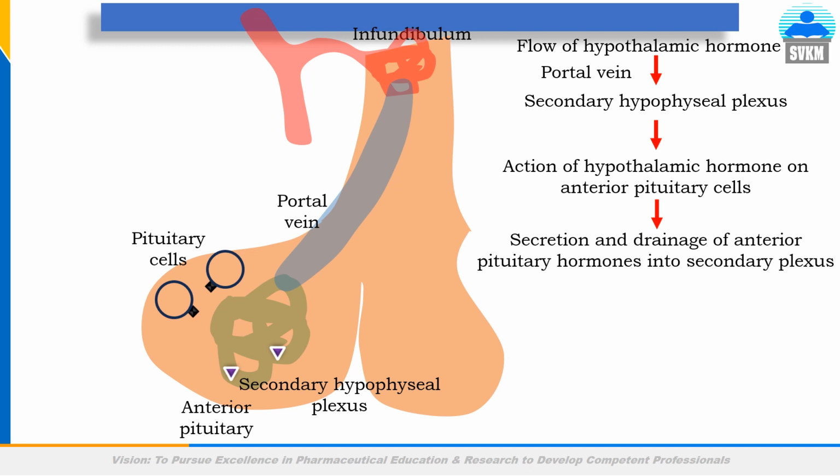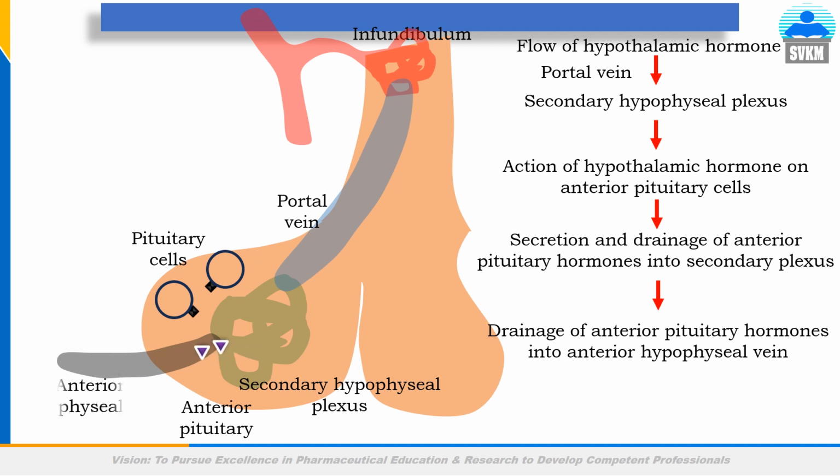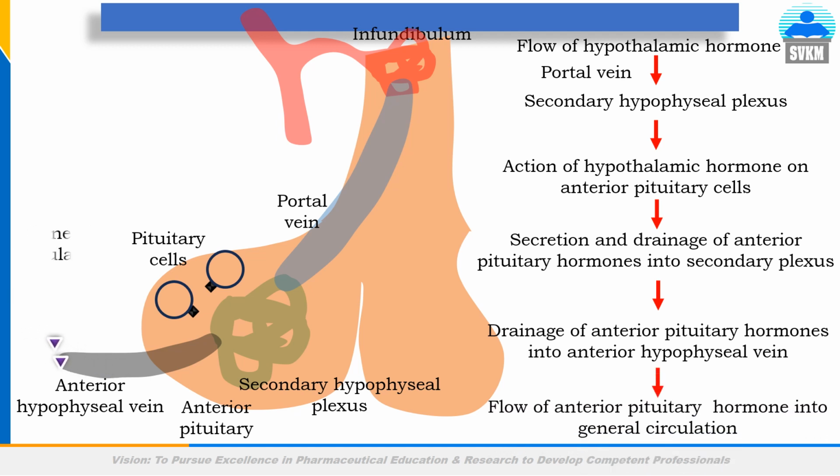The anterior pituitary hormone present in the secondary plexus travels through a portal system called the anterior hypophyseal vein, and from this vein the hormone comes into the general circulation and marches towards the target site, where it exerts its typical action.